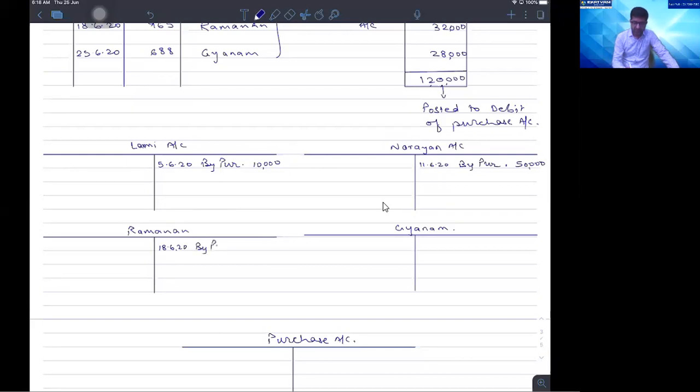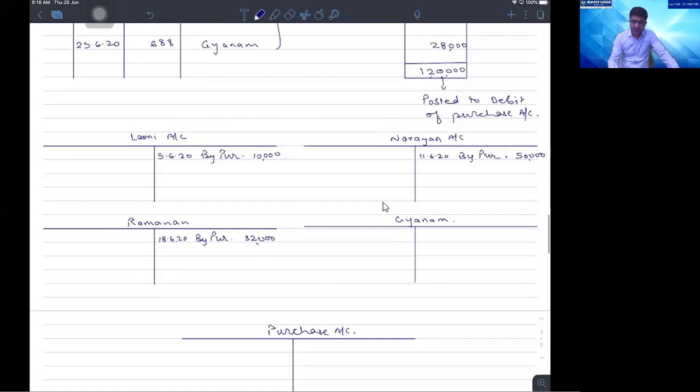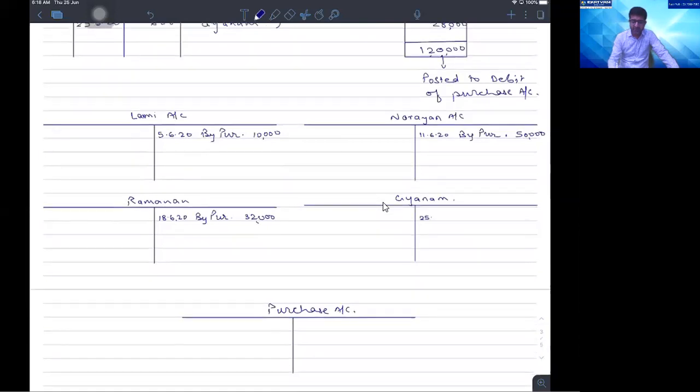By purchase rupees 32,000. In fact, in the May batch, I'm talking about the rectification of errors. There, this particular thing is very much applicable because it is dependent on this topic only. That is subsidiary book. By purchase rupees 28,000. Correct?